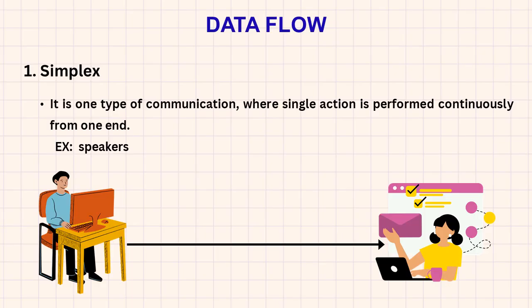Only the sender can send and the receiver just listens without sending anything back. Example, a speaker or a TV broadcast. The sound or video goes from the source to you, but you don't send anything back.